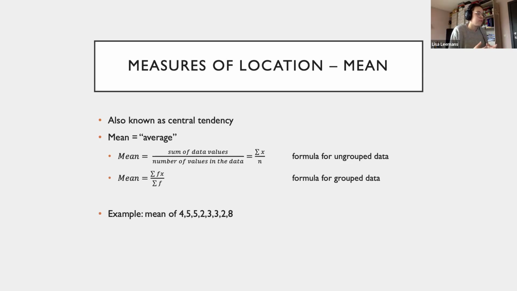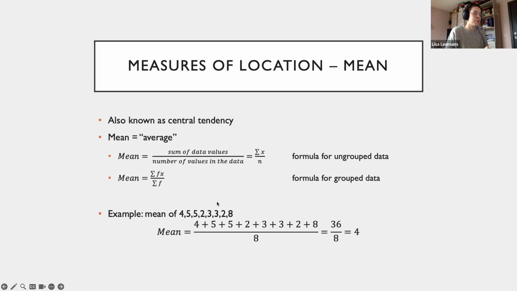Now I can show you one example to show how the formula works. We have a data set right here: 4, 5, 5, 2, 3, 3, 2, 8, just a set of numbers that we will try to analyze. Now we try to calculate the mean. We fill in our formula: we sum or add up all our data values, and then divide by the number of data points.